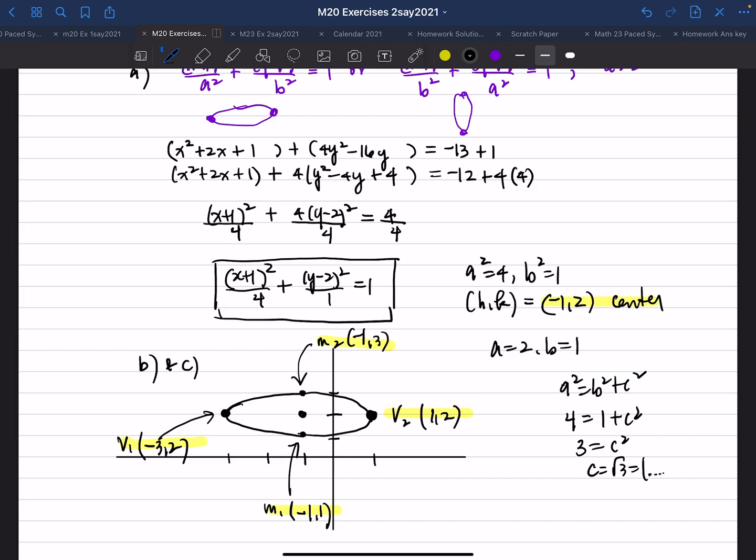So the focus is 1 point something from the center. And always remember, to any conic, collinear ang vertex, center, at focus. Sa parabola, wala ka lang center doon, pero collinear pa rin ang vertex and focus.